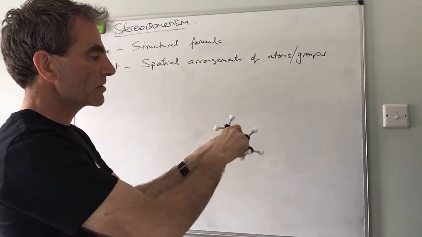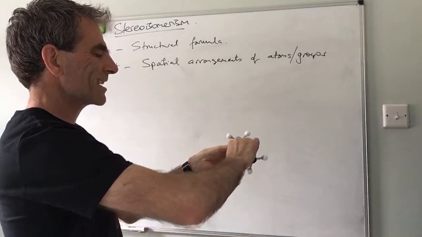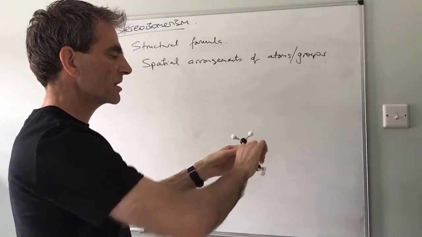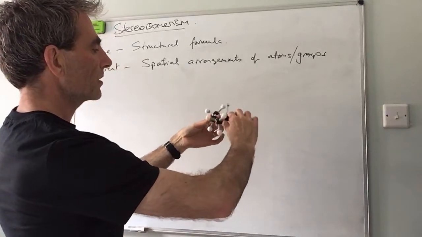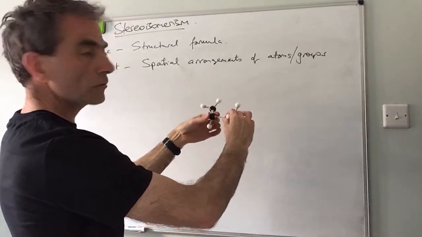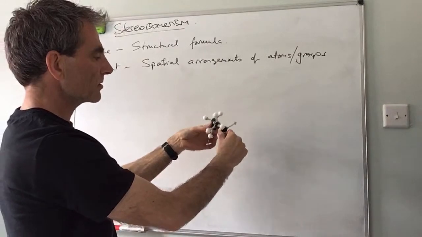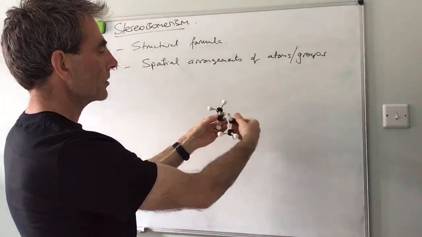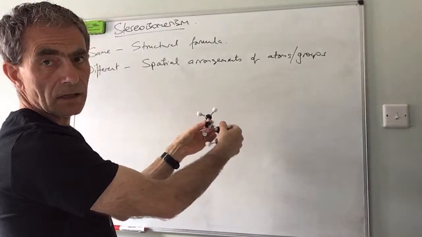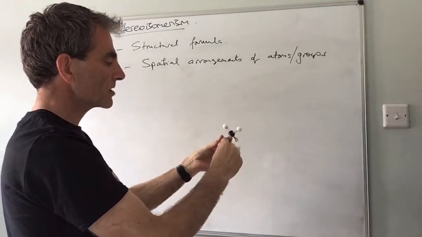If that was just a sigma bond, pretend that's a sigma bond, then sigma bonds can rotate, so it doesn't matter if they're up there or down there, as in an alkane, because the bond can rotate.